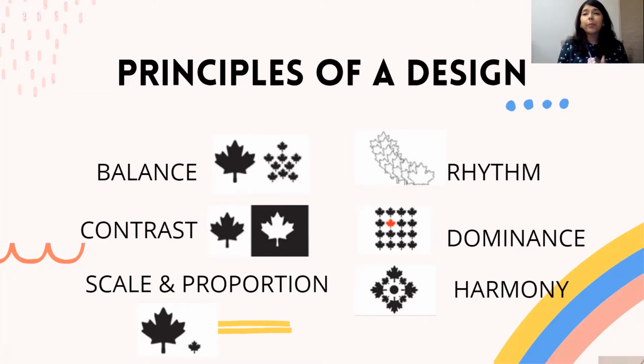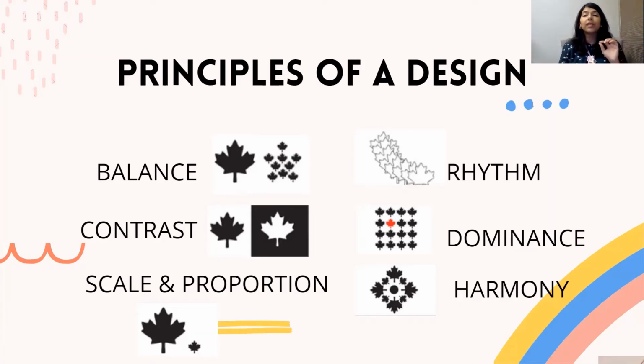Now, scale and proportion. Tricky, tricky, but it's very simple. What is scale? Scale is the relative size of the components used in a design to each other or to the design as a whole.